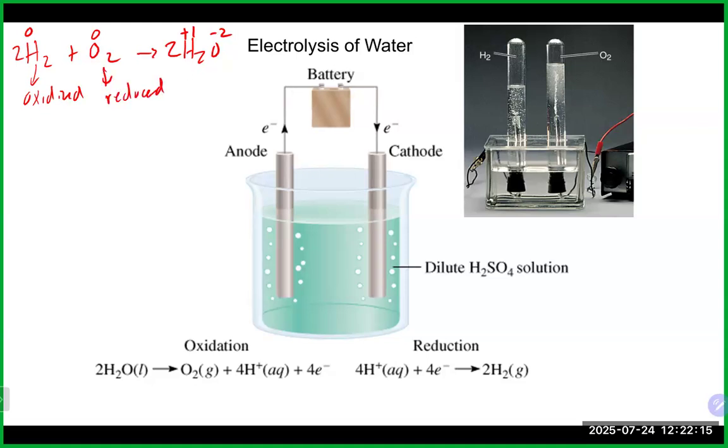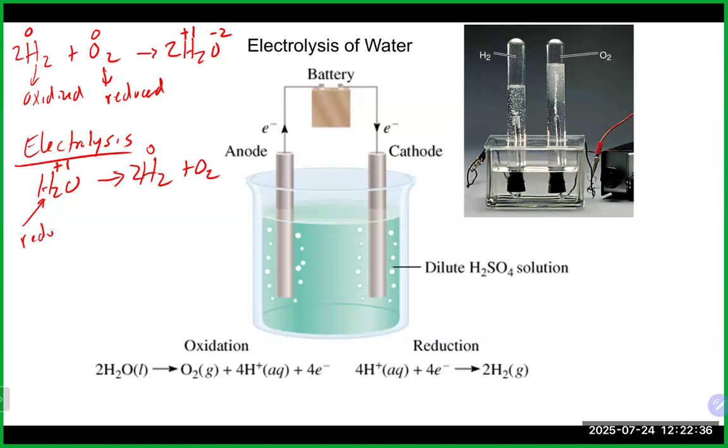We are actually starting with water, though, when we go through the electrolysis of it, and we're going to make our hydrogen and oxygen. So again, the opposite things happen here. Our hydrogen is going from +1 to 0, so it's becoming more negative and being reduced.